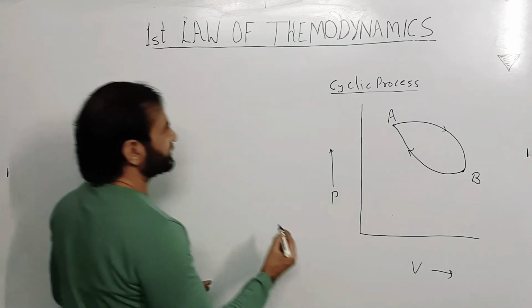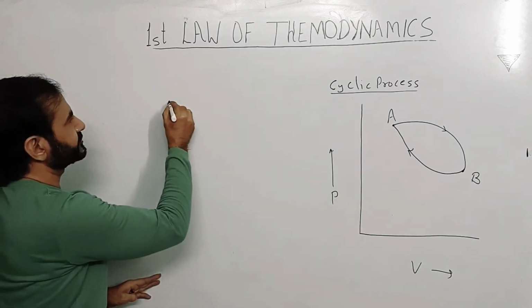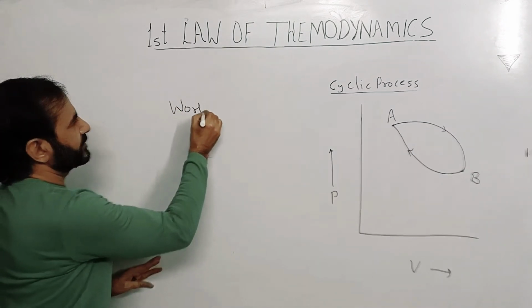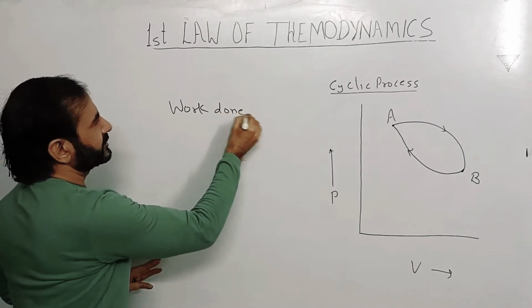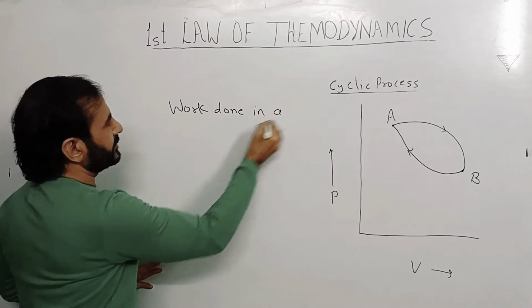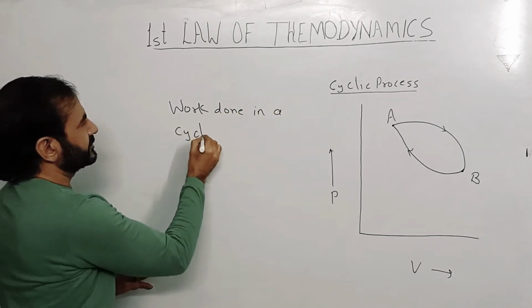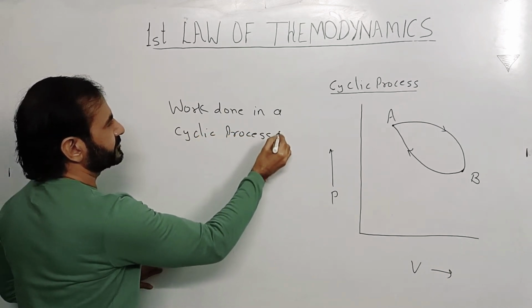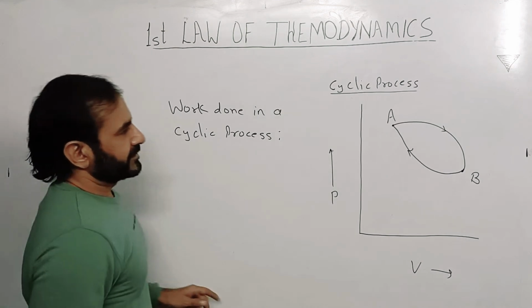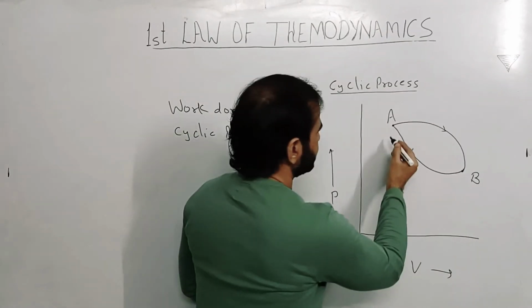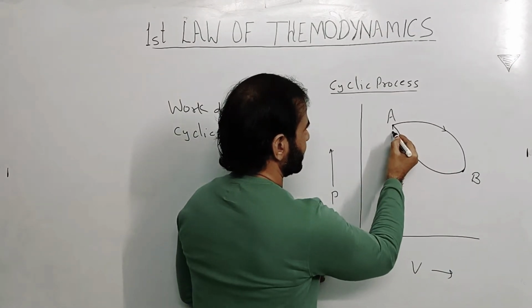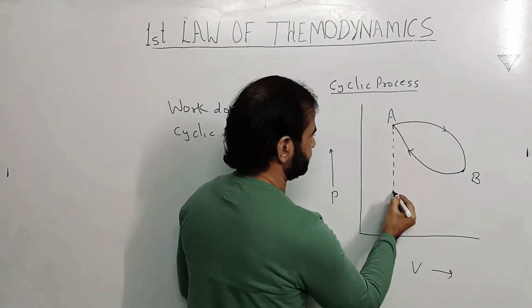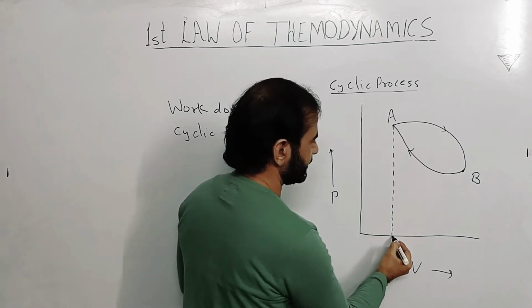Work done in a cyclic process. Suppose when the system is in state A, its volume is something.